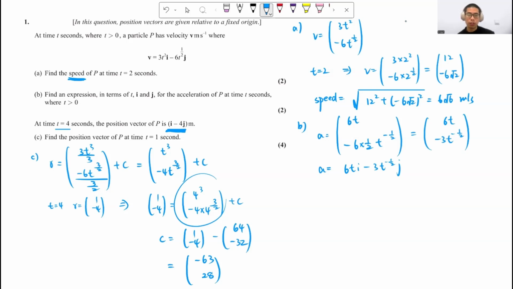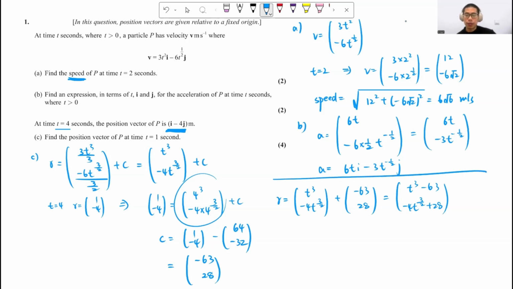So therefore, the displacement vector or the position vector is r equal to t cubed, and then negative 4 t to the power 3 over 2, plus c, which is negative 63 and 28. Which is t cubed minus 63, and negative 4 t to the power 3 over 2 plus 28. And now we find the displacement vector.